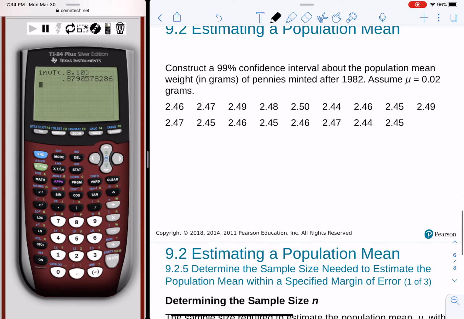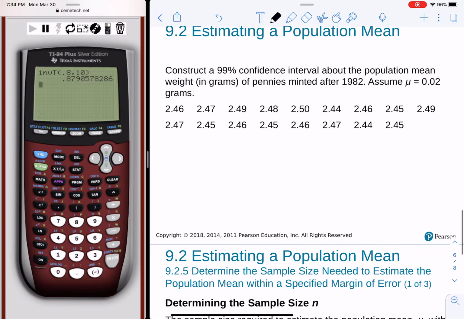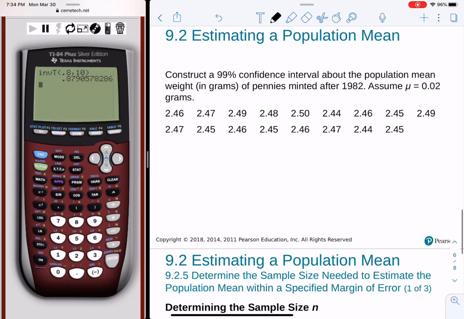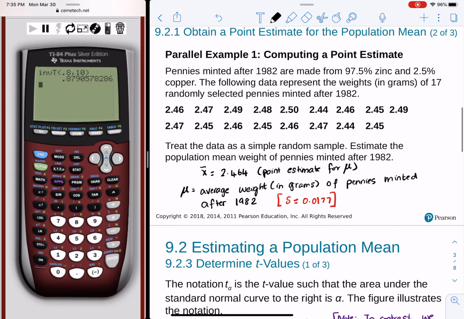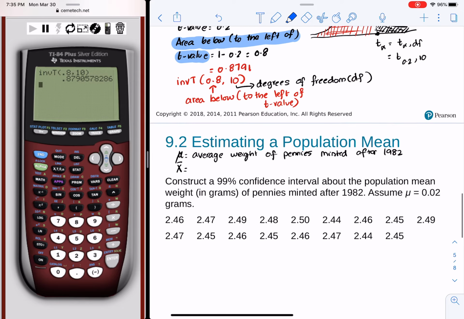So in our example, we have to construct a confidence interval for the population mean, which is the average weight of pennies minted after 1982. We found the point estimate earlier today, 2.464.